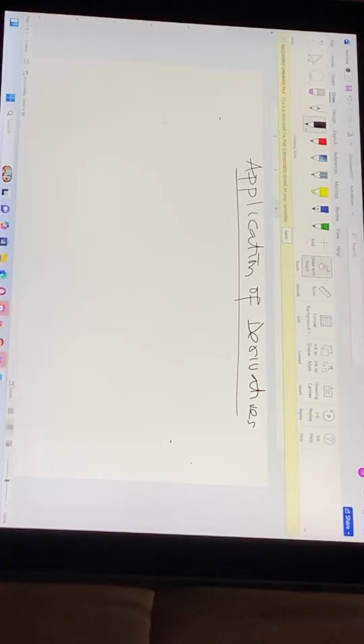Please just share the link so that we can move ahead. I'm just seeing few persons here. Please write application of derivatives.